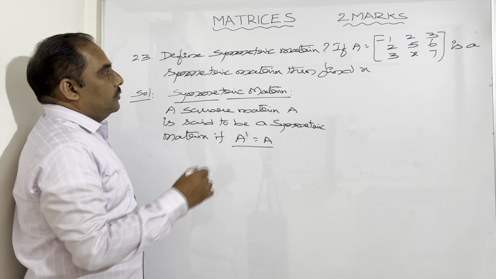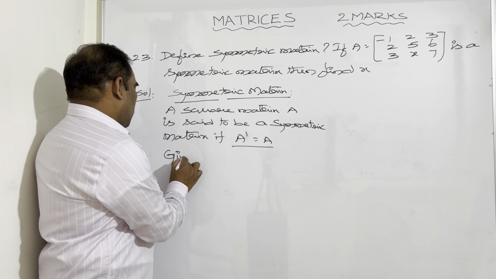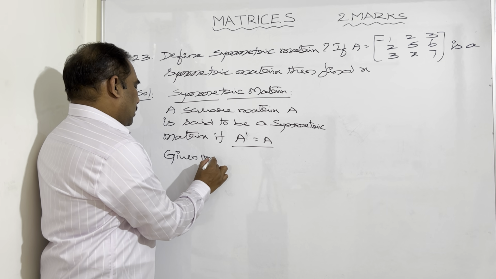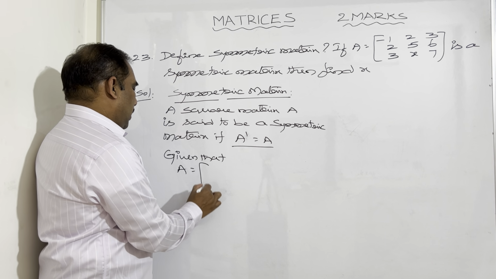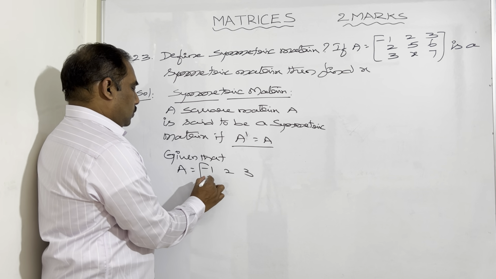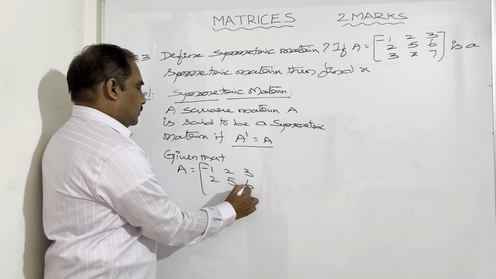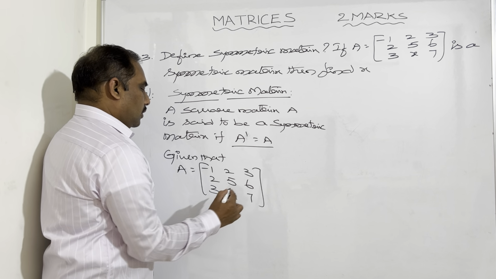So here, given that matrix A is equal to [-1, 2, 3; 2, 5, 6; 3, x, 7].